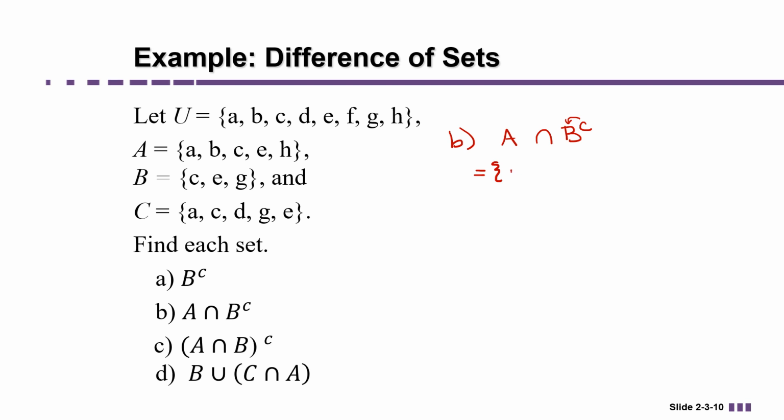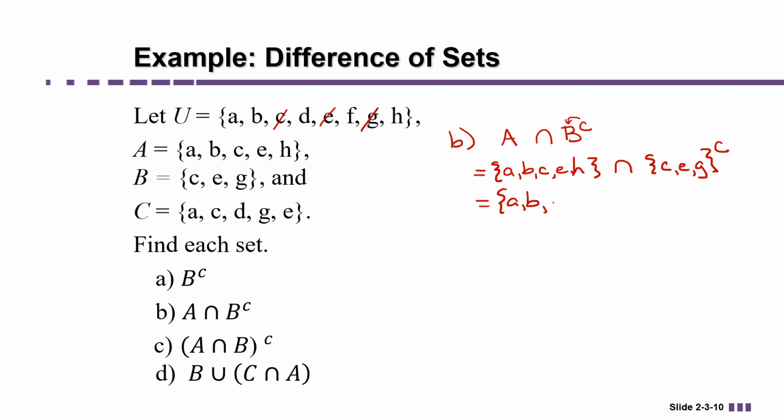But first I'm going to replace A with what it's equal to, which is the set A, B, C, E, H. And then I'm going to replace B with what it's equal to, which is C, E, G. And we want the complement of that. And I have to do that complement first. So as we saw a minute ago, the complement of that set involves removing the letters C, E, and G from the universal set.